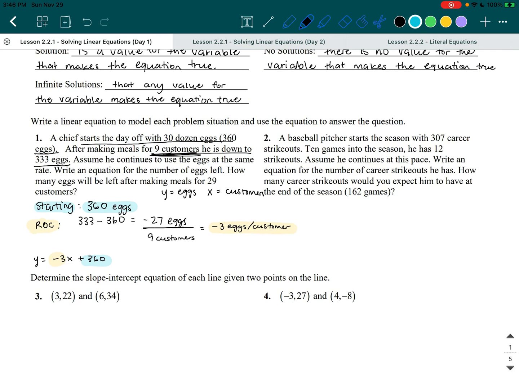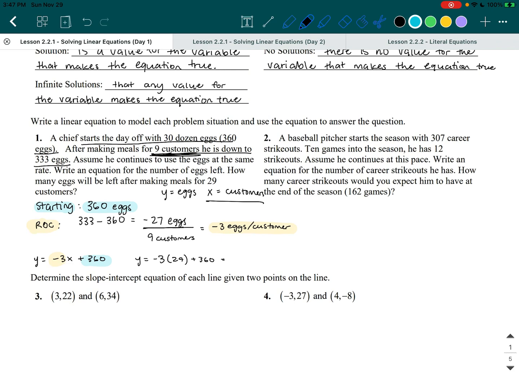Now we need to use this equation to answer the question. The question is, how many eggs will be left after making meals for 29 customers? So x is the number of customers, so x is 29. Let's plug in 29. Y is equal to negative 3 times 29 plus 360. If you type this into a calculator, you want the negative 3 multiplied by the 29 first.